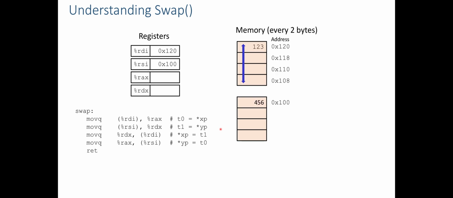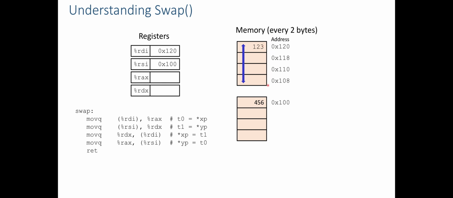So now if we look at an actual example, suppose that RDI has this value, and that corresponds to an address in memory that's holding the decimal value 123 in these 4 bytes. Let's say it's an integer. And then next, well, let's say it's a long, and this is every 2 bytes.